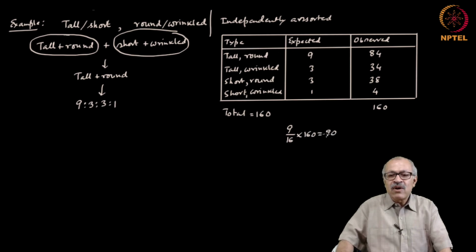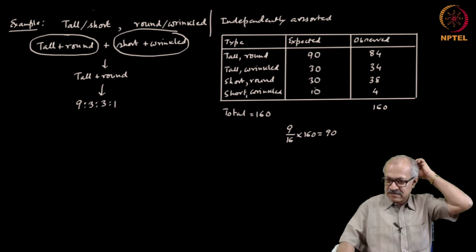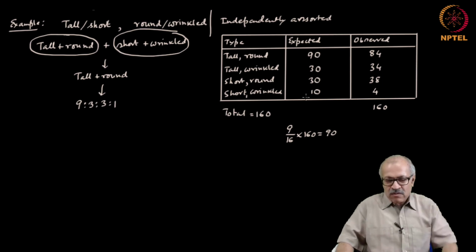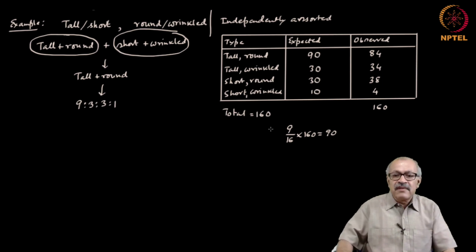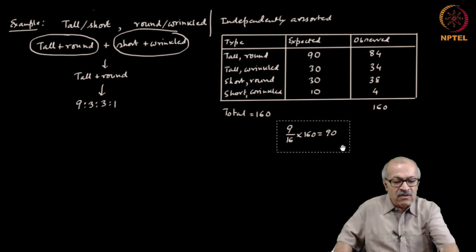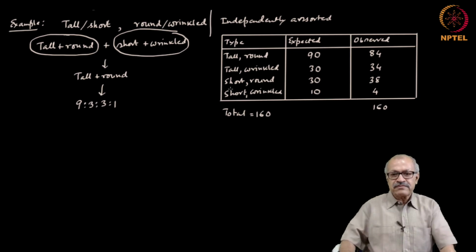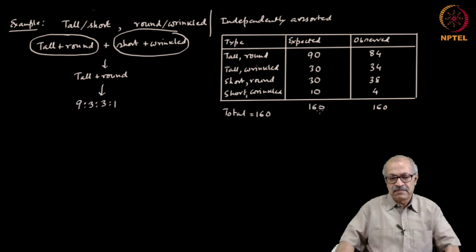So, basically whatever is the number, you have to multiply by 10. So, what is expected is 90 should be tall and round, 30 should be. So, these are the numbers that are expected. Okay. So, now on that basis we can go ahead and do the calculation. This also adds up to 160.